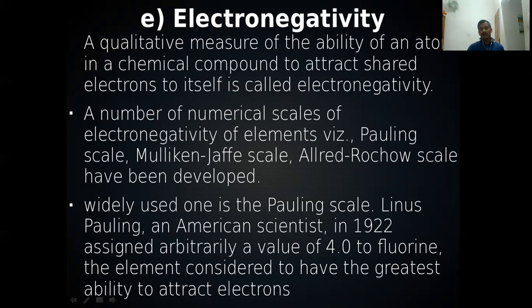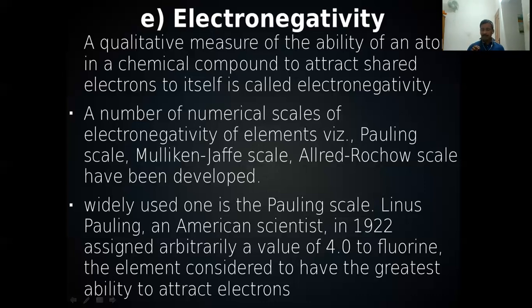And in the Pauling scale, the highest value is 4, and that value is given to fluorine. But that value is assigned arbitrarily. Then, when you compare other elements with fluorine, we can give some values to them.